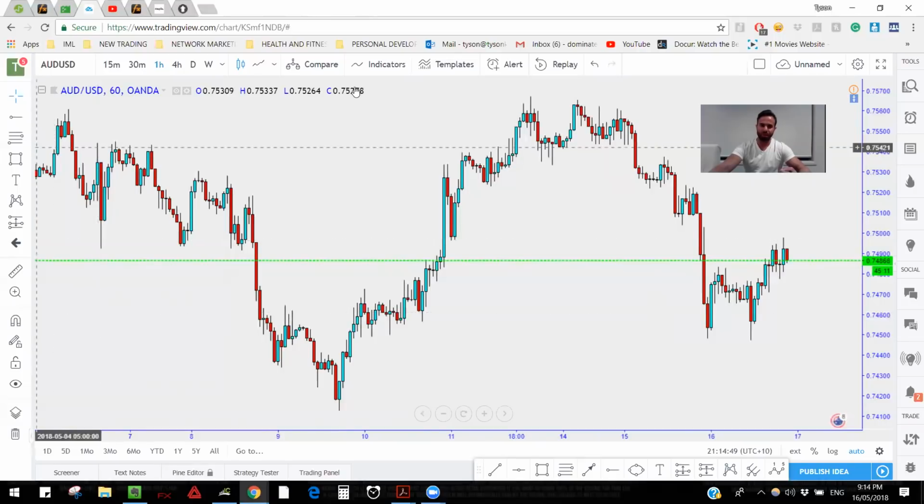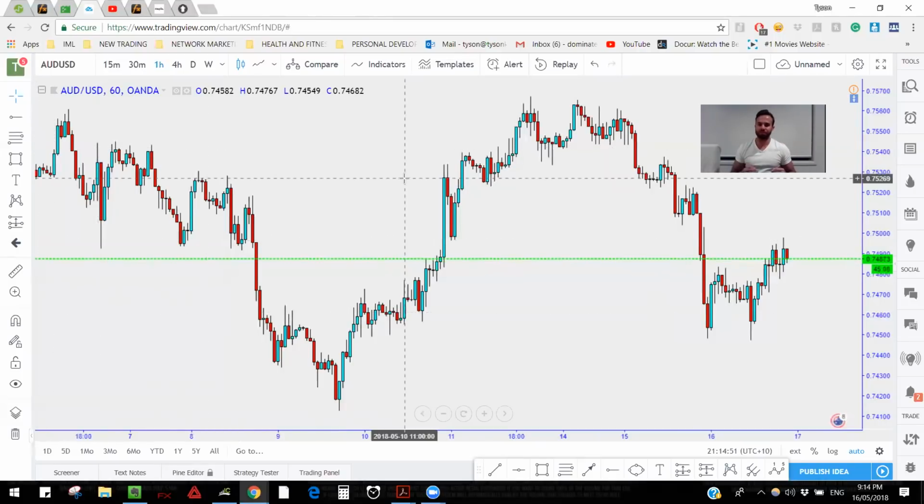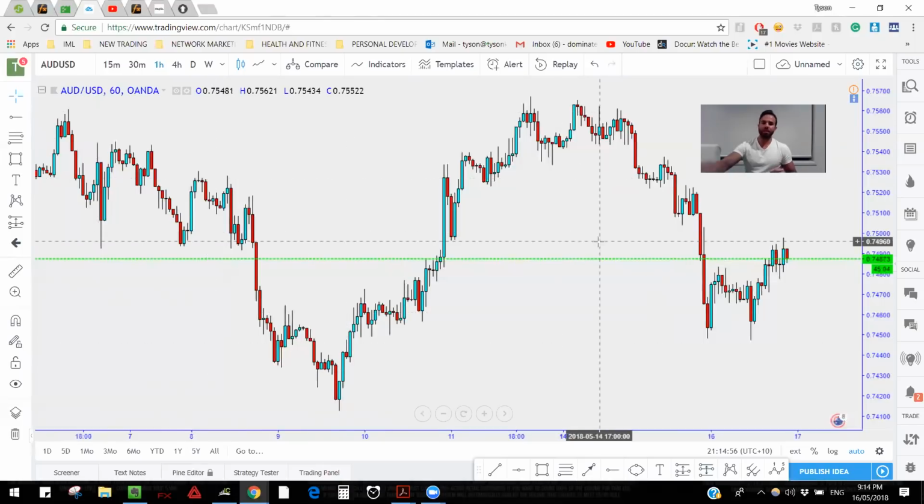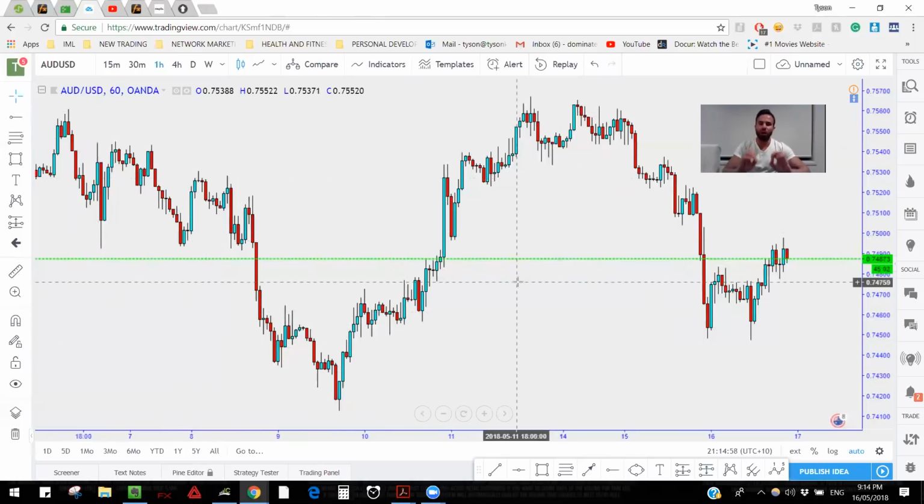The reason why M's and W's happen, and you can see it here, there's a bottom here, there's a high here, is, think about it like this. Let me just get my drawing tool out.